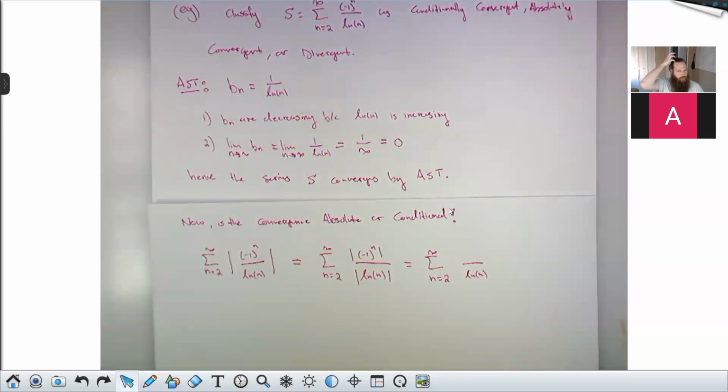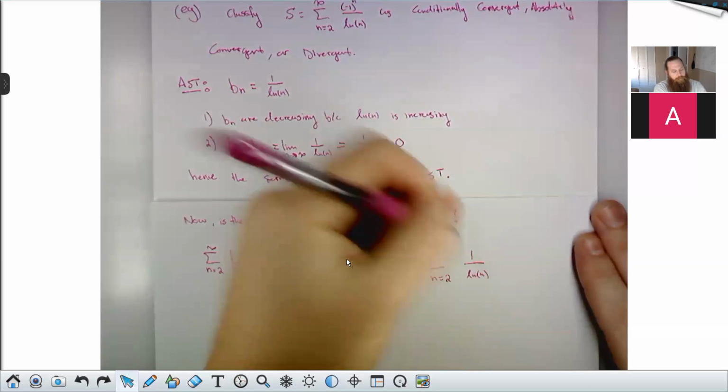What is the absolute value of -1 to the n? Yeah, it's just 1. This piece, the -1 to the n piece, is either 1 or -1. And when you take the absolute value of 1, you get 1. When you take the absolute value of -1, you get 1. So regardless of n, the absolute value of -1 to the n is just 1.